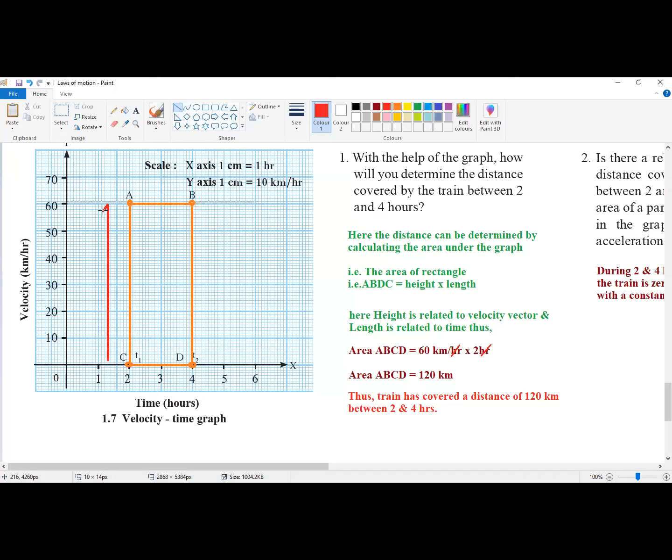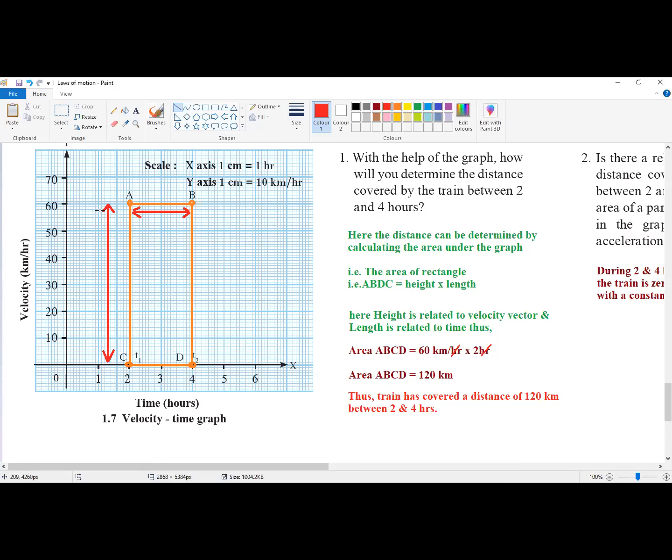Height can be measured, or it is related to this velocity vector. So accordingly, we can put the values. And length is related to the time. This is the length, which can be measured along the horizontal axis, that is the x-axis, and it is related to time.